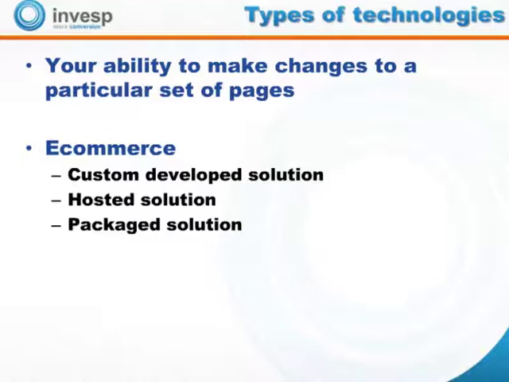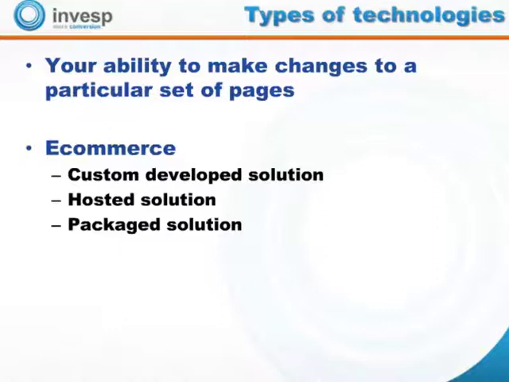In terms of e-commerce, the type of technical solution that people are using falls into one of three categories, or a mix thereof. So you either have a custom developed solution, something that your own technical team or an external company has developed for you. You might have what we call a hosted solution, where a company develops the solution, it's hosted on their servers, and they maintain the original source code.